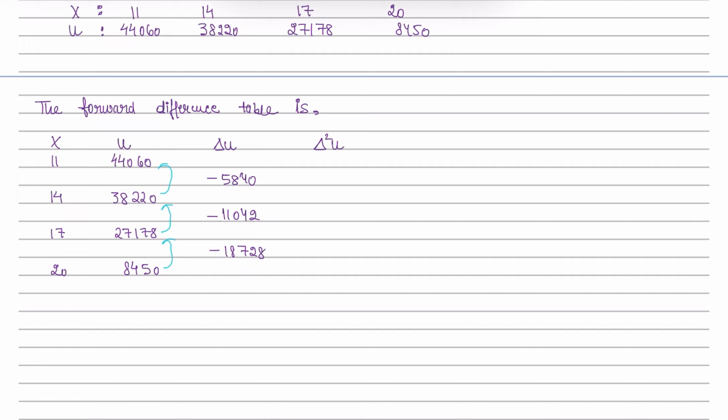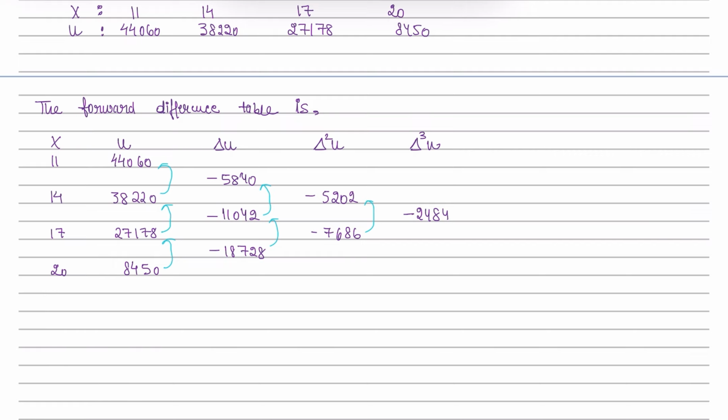The next difference column will be forward u1 minus forward u0, which is minus 5202, and the last entry will be forward u2 minus forward u1, which is minus 7686. And the third difference column will be simply minus 2484, where we had subtracted forward square u1 and forward square u0.